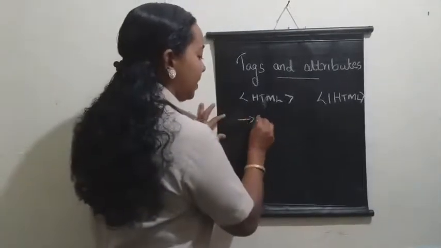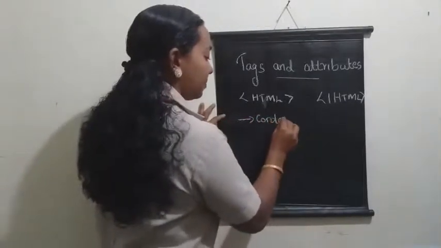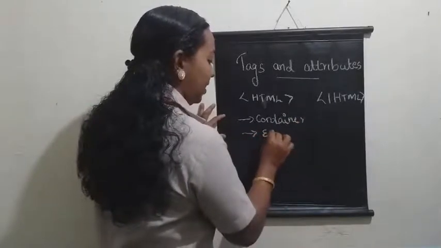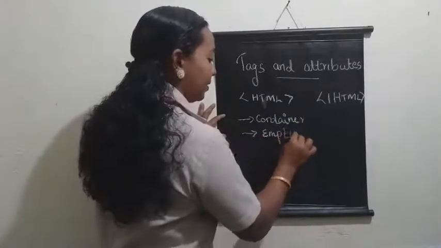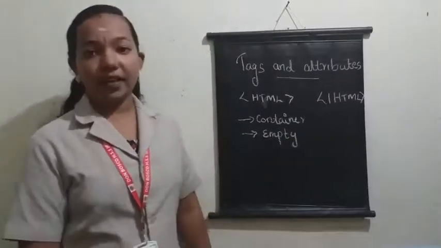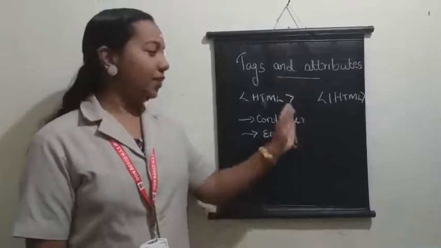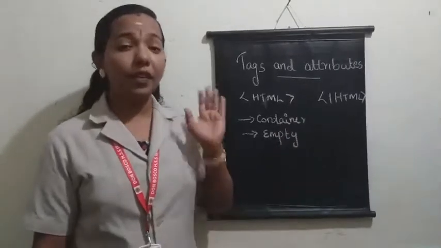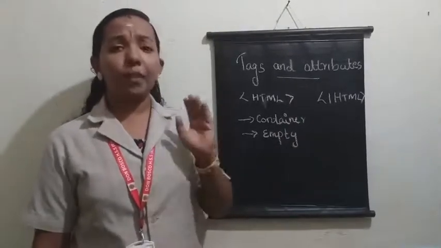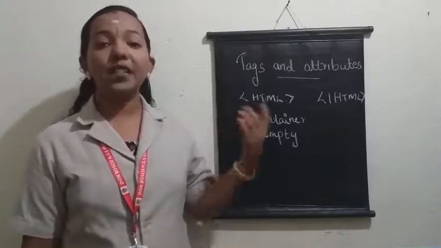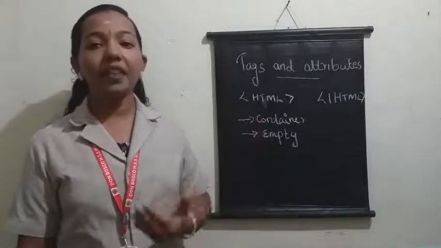Then there are 2 types of tags available. The first one is the container tag, and the second one is the empty tag. Then the first one, what does it mean? Very important question, because for your practical examination, a sure question for your viva is what is the difference between container tag and empty tag?